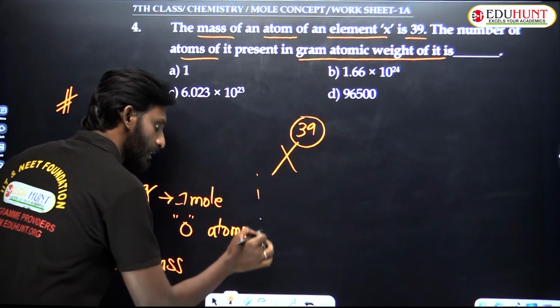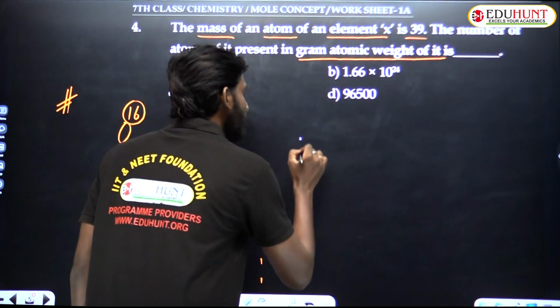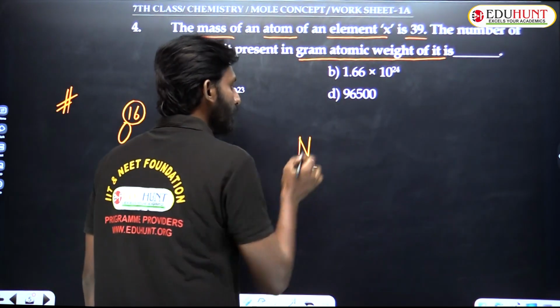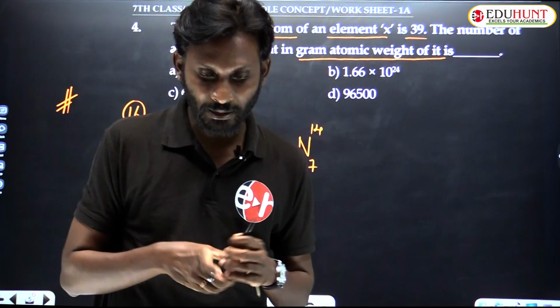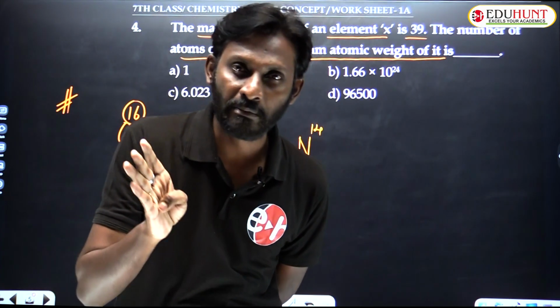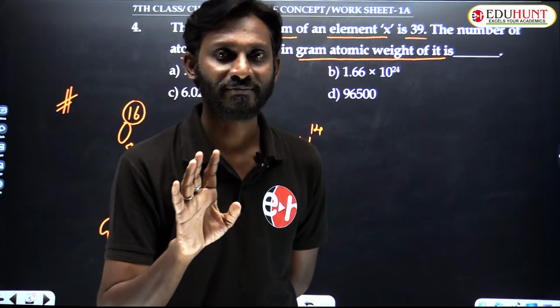One more example for you. Nitrogen, atomic number 7, mass number 14. You must also be familiar with the name of the element, symbol, atomic number and mass number, like I am doing.